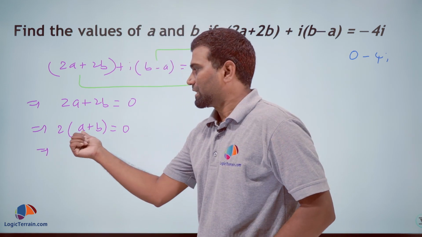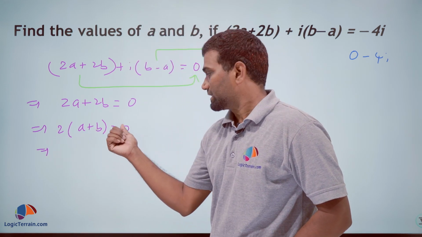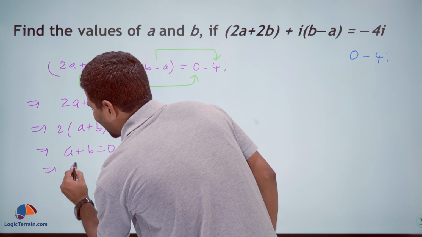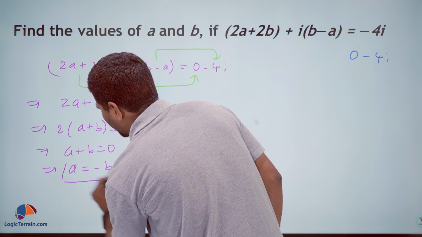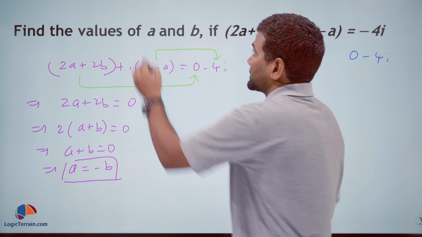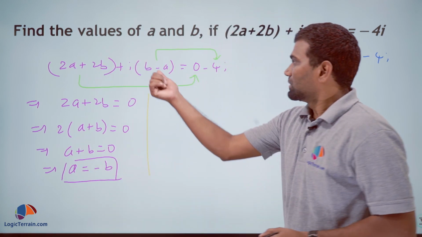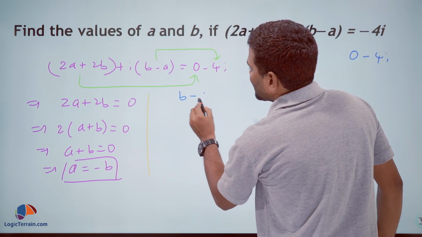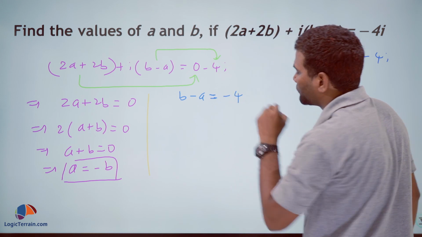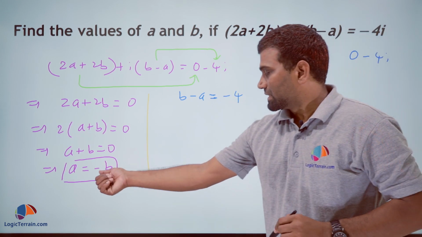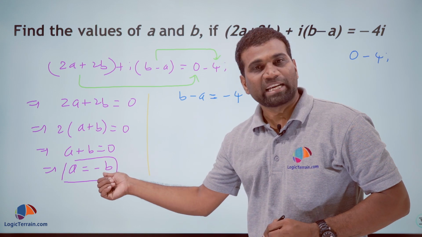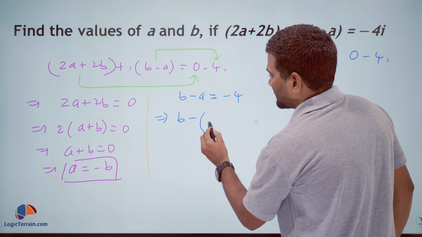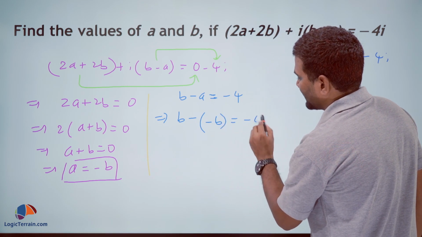Here 2 is multiplied by a + b, if it comes here it divides, 0 upon 2 is 0. So a + b = 0, then a = -b. Here we got a condition. Now, on equating imaginary parts, b - a = -4. And from this condition we have a = -b, so we'll substitute here. That implies b - (-b) = -4.